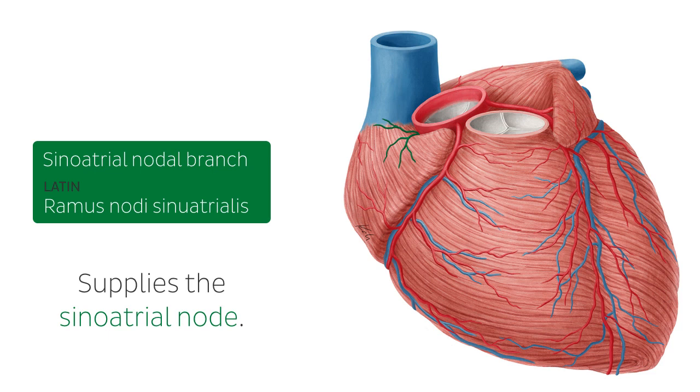However, it is important to note that in 40% of the population, the sinoatrial nodal branch has been known to arise from the other coronary artery, the left coronary artery.